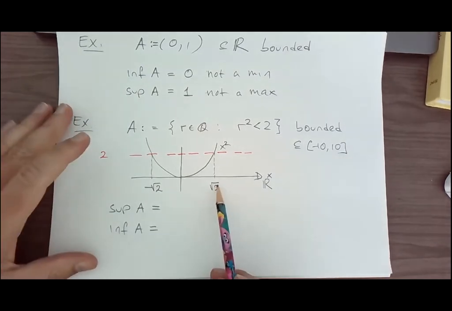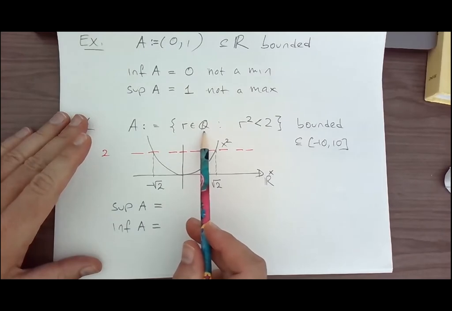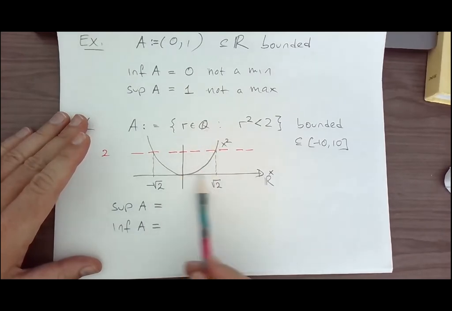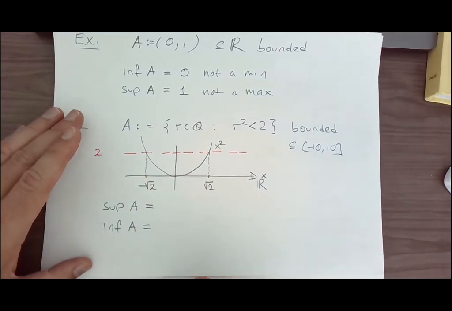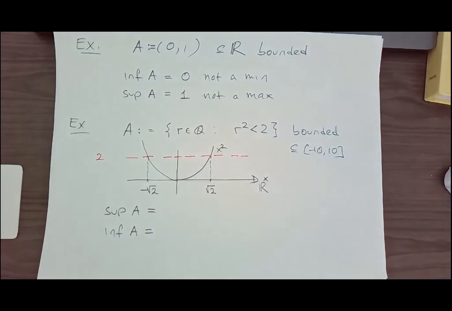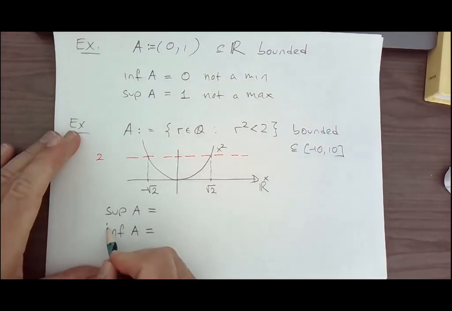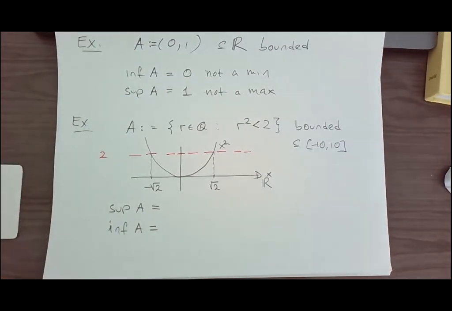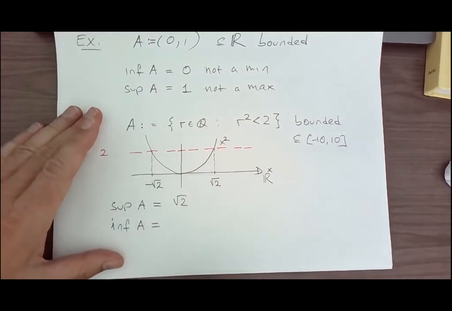Well, how close can I get to the square root of 2 when I'm moving around in the rational numbers? Can I get arbitrarily close to this one here? What do we think the sup and the inf are? Sup is square root of 2, and the inf is minus square root of 2.